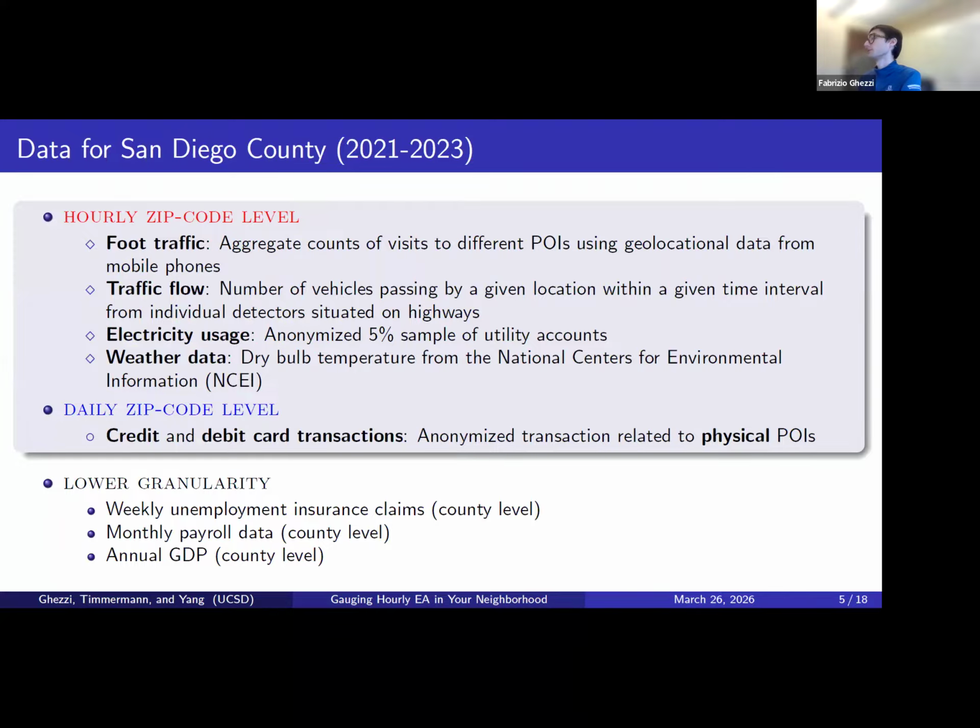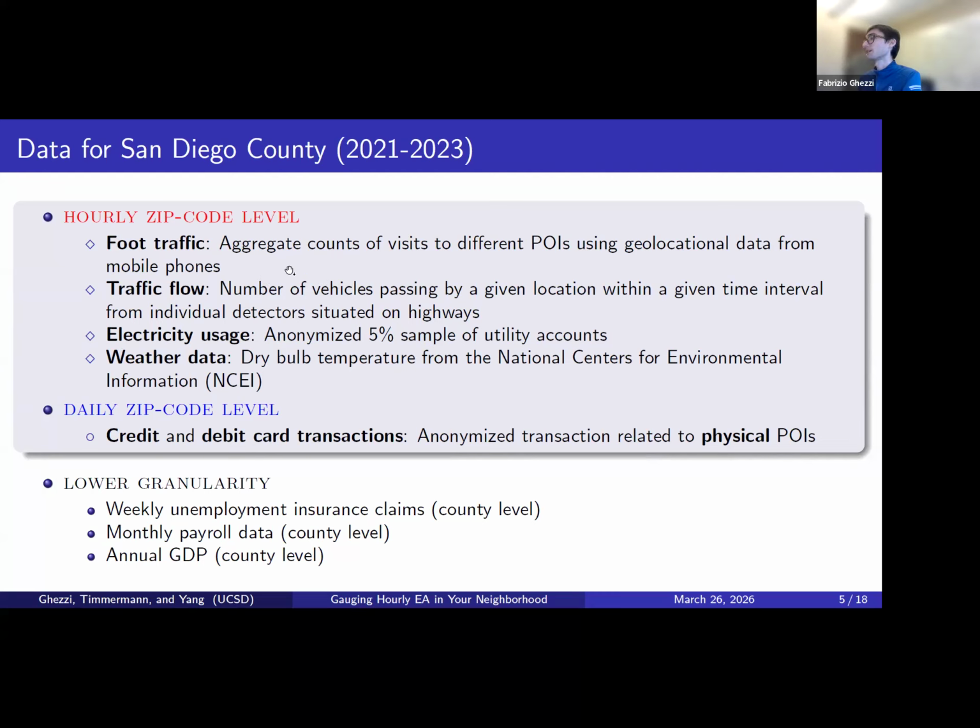We use data at very different levels of both granularity and time frequency and spatial recordings. On one end, we have new alternative data series, which are very granular: hourly zip code series on geomobility and geolocational data, like foot traffic and traffic flows. Foot traffic is the number of visits to a point of interest location.